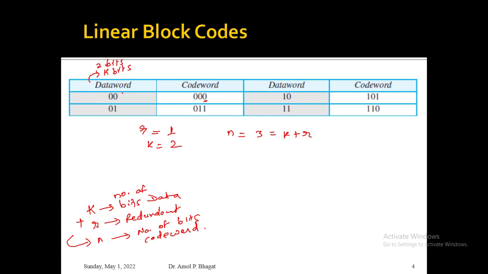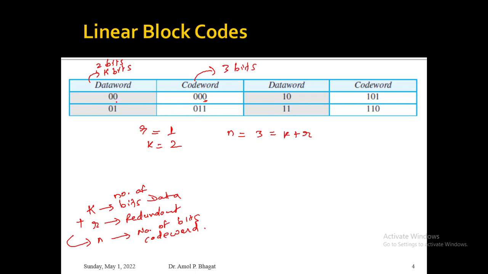So basically, the actual data which is divided into message blocks is combined with the redundant bits to get the data to be transferred over the network. So in this particular example, this data word is of 2 bits while the code word is of 3 bits, right?